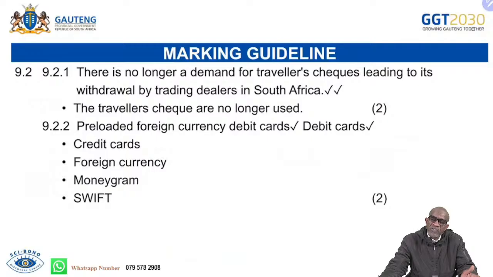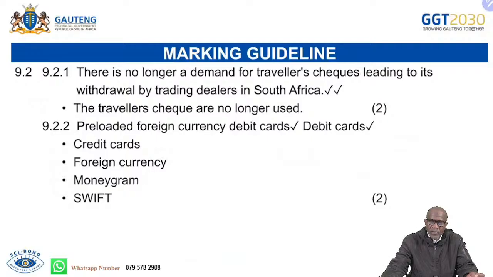So because of the lesser demand of a traveler's check, it was discontinued in South Africa by most business operators or dealers. Traveler's checks are no longer used. That is one other explanation, and one of the two will give you 2 marks.